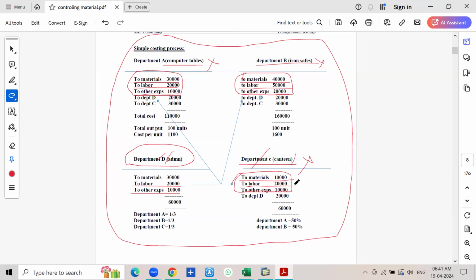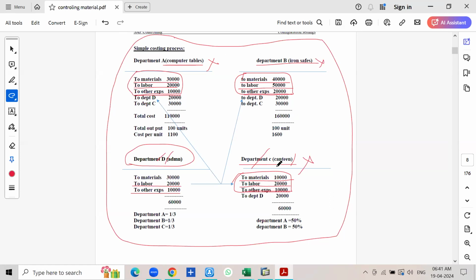Yes or no? It's common sense. If you don't have department A, department B, you are asking, do you need department D? Yes, exactly. We don't need department D. So if you don't have department A, B, C, you don't need department D.